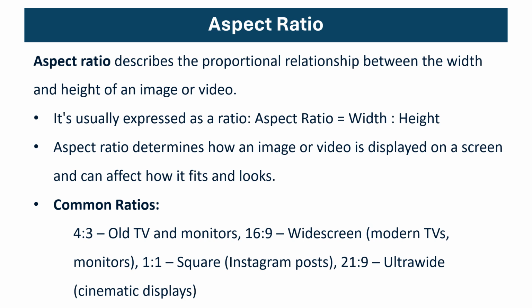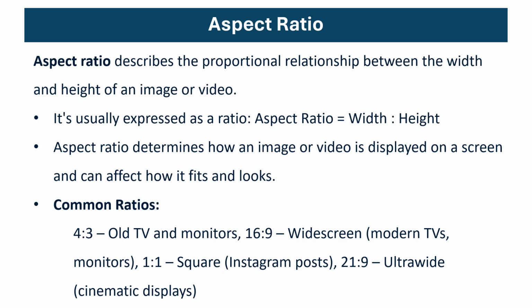We have 4:3. This was mostly used on old TVs and monitors, where the screen was not as horizontal as today. Today we have horizontal screens, which have a different aspect ratio. The aspect ratio of today's screens, modern TVs and monitors, is 16 by 9.